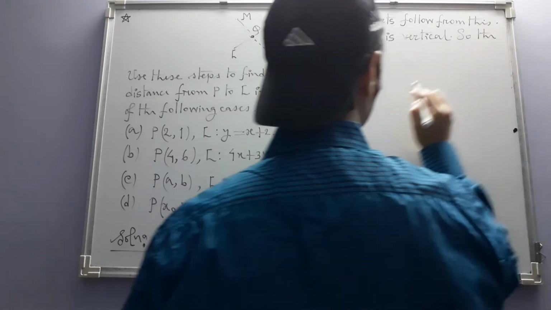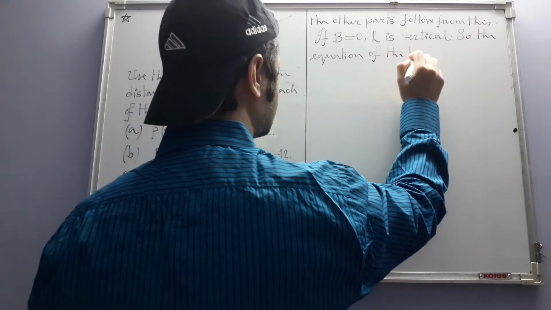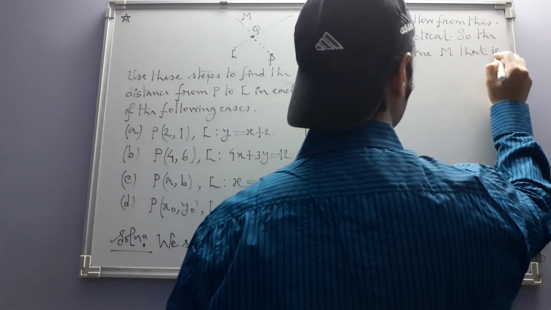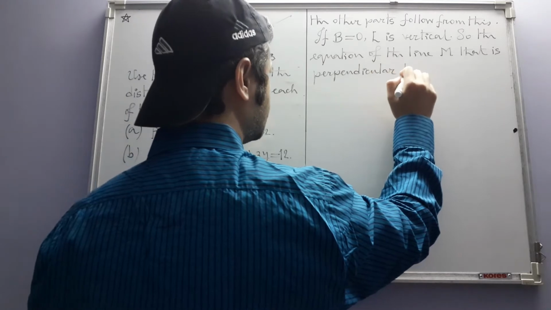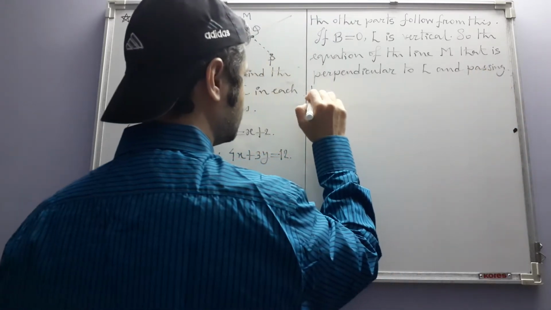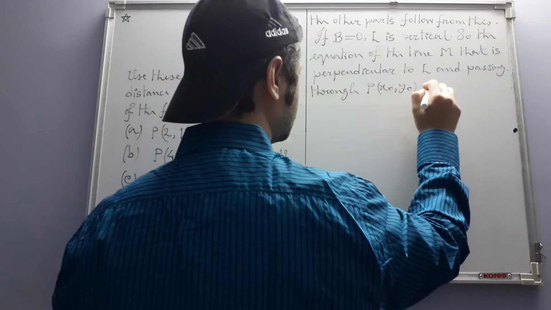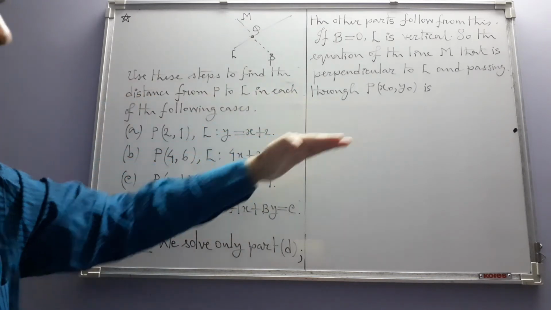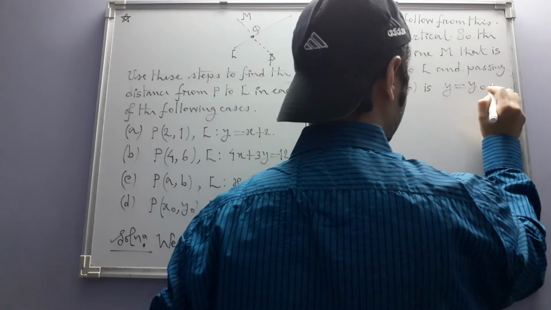So the equation of the line M, that is perpendicular to L and passing through P(x0, y0): L is vertical, so the line perpendicular to it, M, will be horizontal, and for the horizontal line that passes through this point, the equation is y equal to y naught.